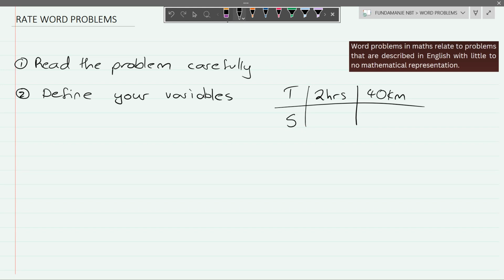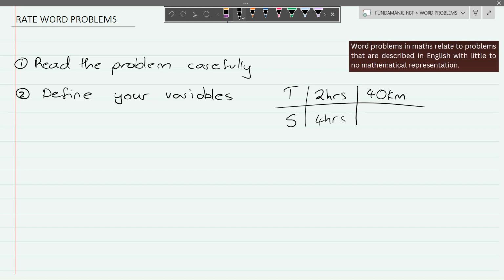And then they usually phrase it in this way: Sarah takes twice as long. So that would be 2 times 2, because twice as long as Thabo's 2 hours would be 4 hours.